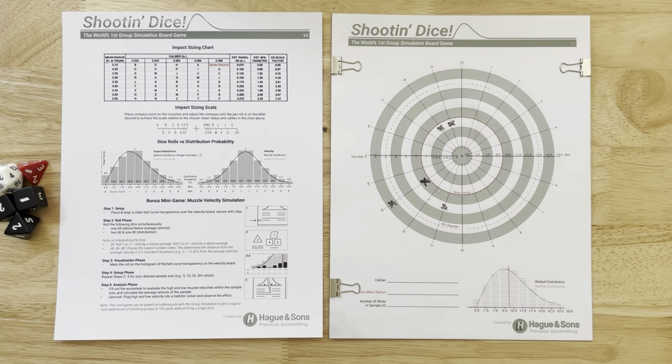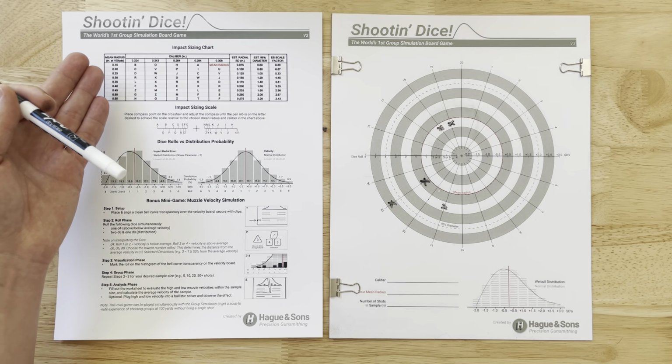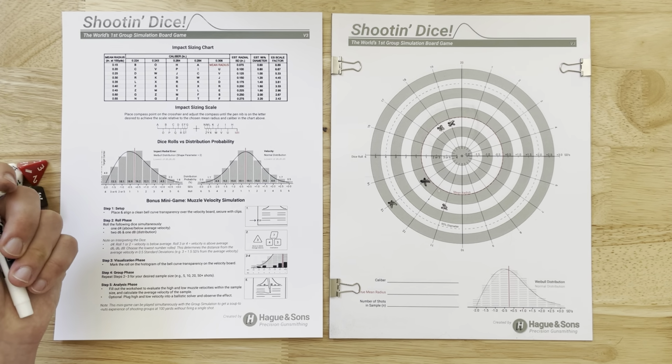So the cards that were shown at the very beginning of the video were shot with a 6mm bullet with a mean radius of 0.20.